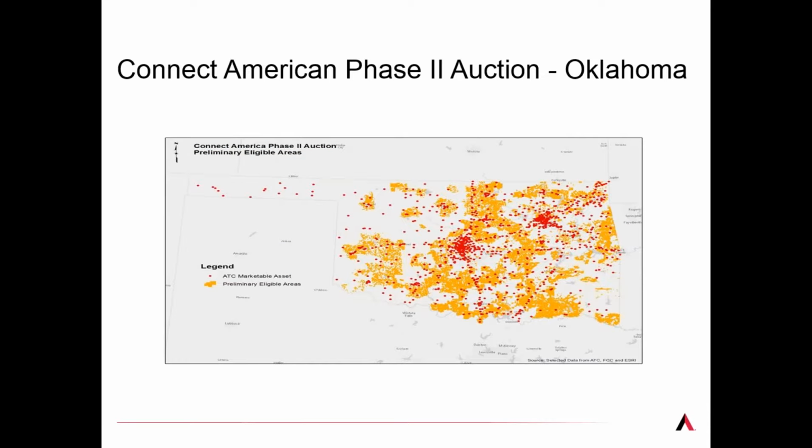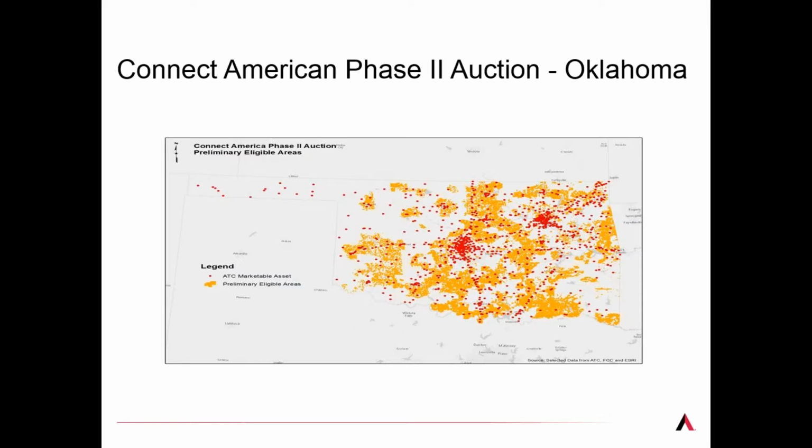And what we do in-house, and we talked about the dedicated resources, is we have a GIS and engineering team specifically dedicated to our ISP segment customers. We did this real quick, by no other means than picking Oklahoma as the state. We worked with our team and said, let's identify the eligible areas and overlay our sites on those areas.